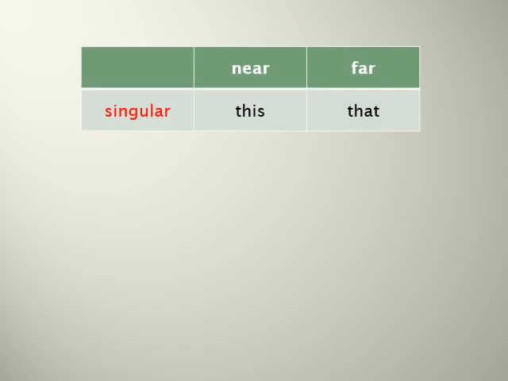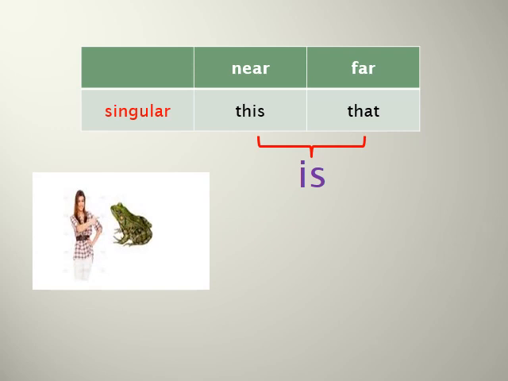From the given table, you can understand it easily. We use this and that for singular nouns. So, we should use the helping verb is. Look at the pictures given. There are two examples. This is a frog.